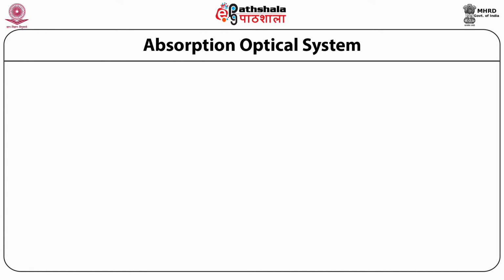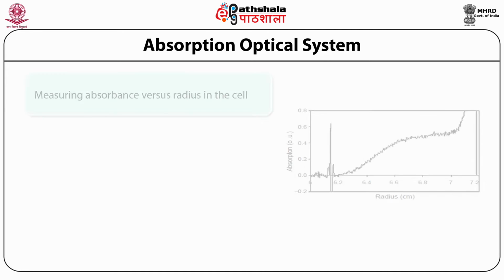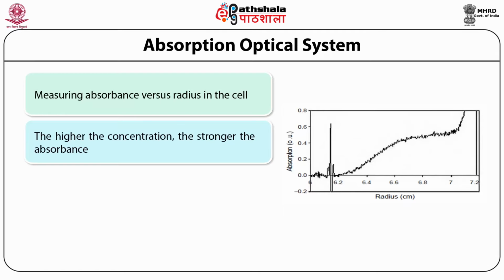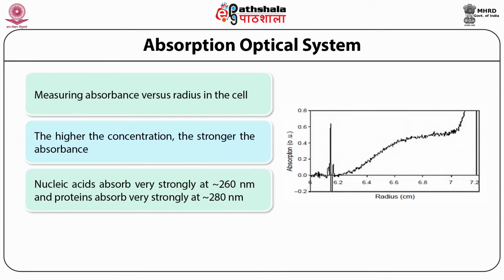Now you can see the absorption optical system, how it works. It is actually measuring the absorbance versus radius in the cell. The higher the concentration, the stronger the absorbance, and usually nucleic acid absorbs at 260 nanometer and protein absorbs at 280 nanometer.